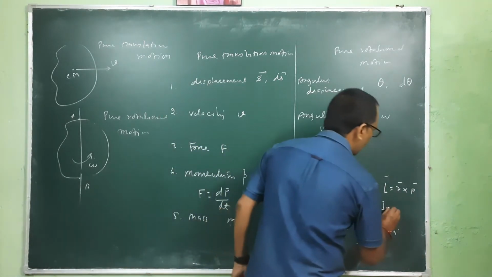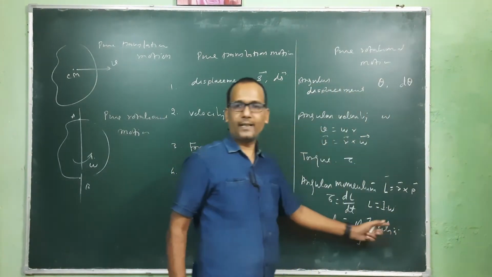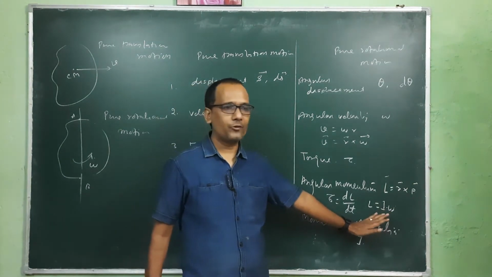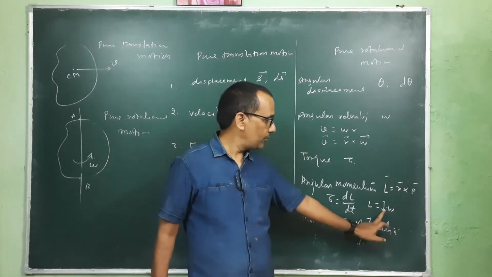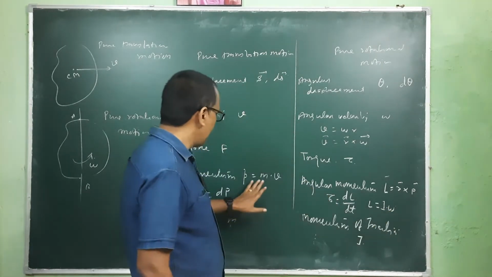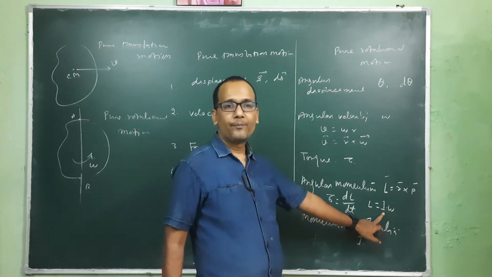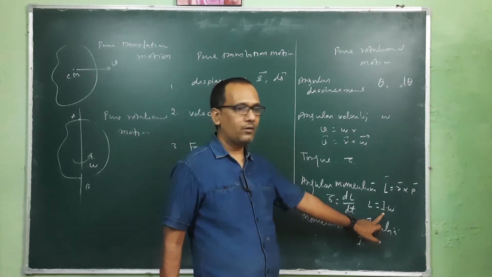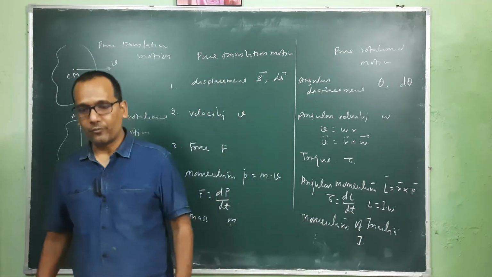So L is equal to I multiplied by omega, and I think we have derived this relation for rotational motion also. So we can say mass can be compared with I in terms of analogy in rotational motion.